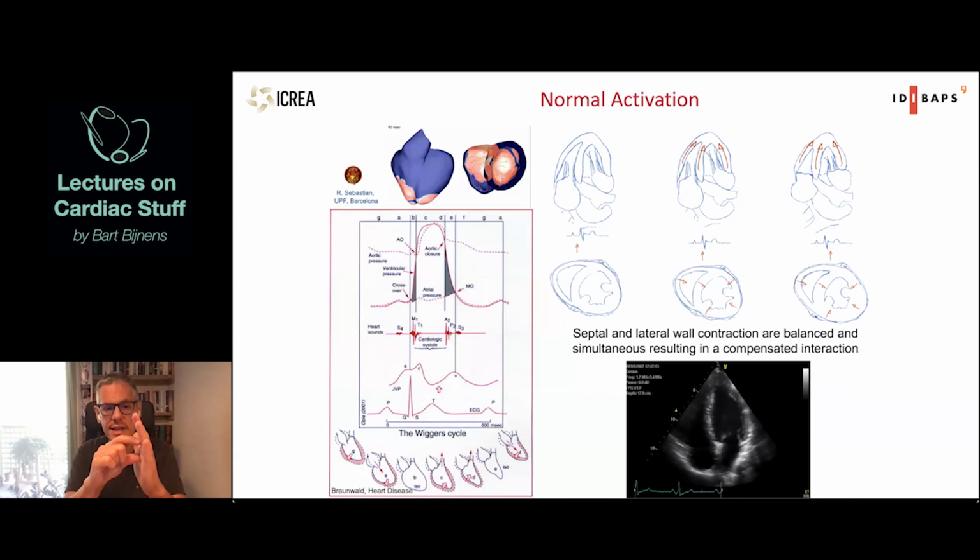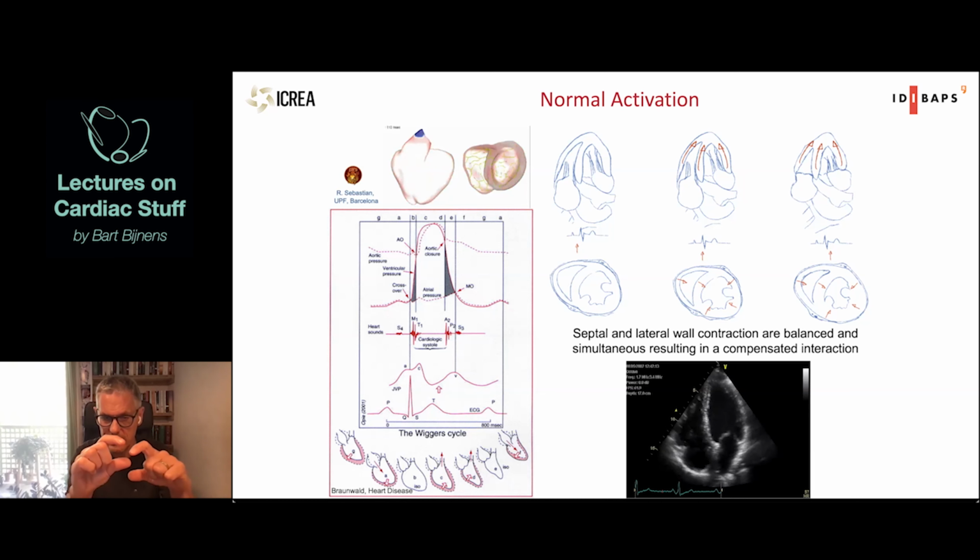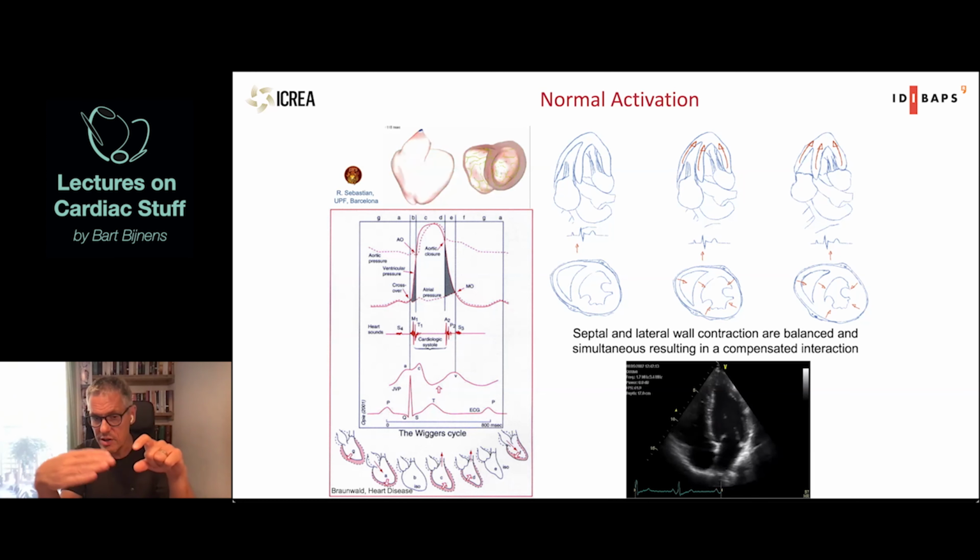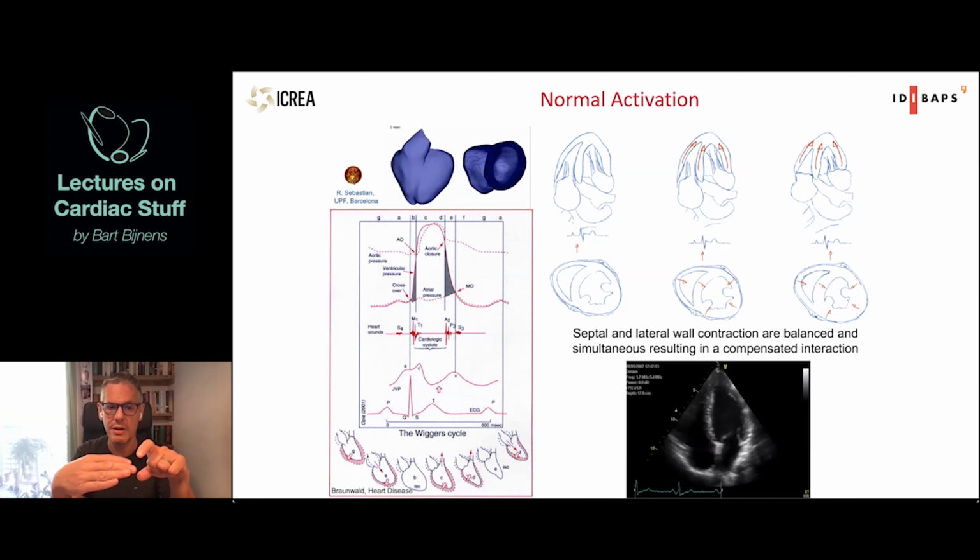But what happens is this segment is starting to contract. So all the myocytes are activating, they're starting to contract. But as I mentioned before, what you have to keep in mind is that this segment is obviously connected to the other segments. So this segment starts to develop force on the neighboring segments, besides, of course, generating pressure, which is perpendicular to the endocardium.